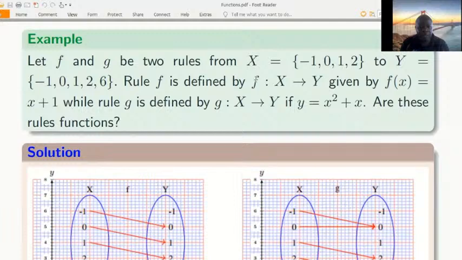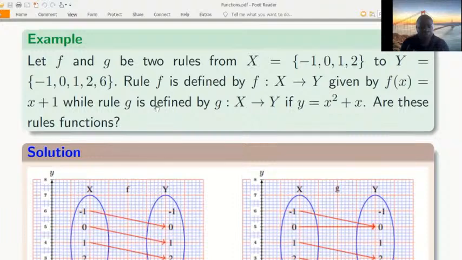Rule F is defined as F assigns elements of X to those of Y, such that F of x equals x plus 1. While rule G is defined as G assigns elements of X to those of Y if y is given by x squared plus x. So the question is, are these rules functions?